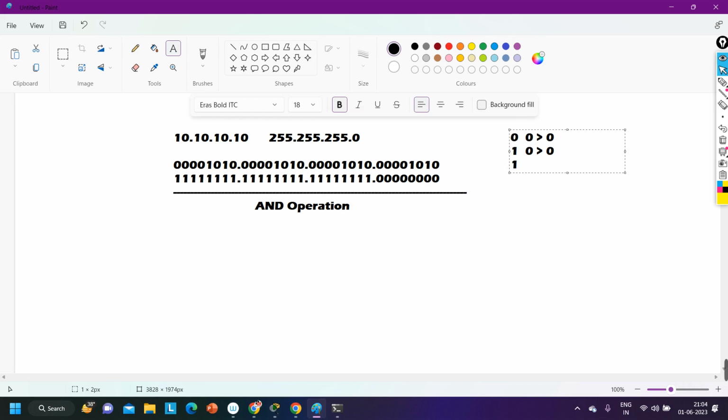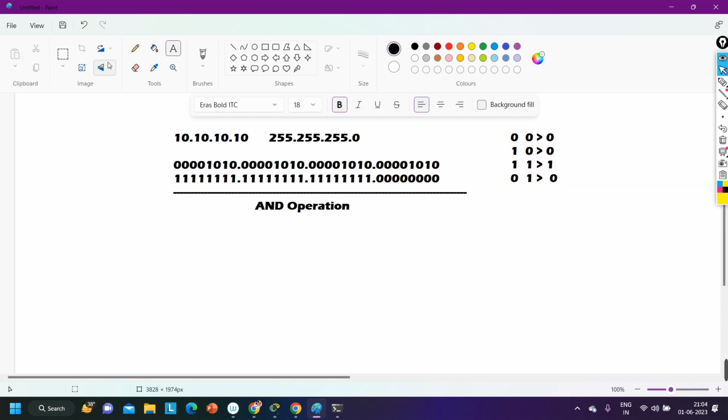When the input is 1 and 1, then the output is 1, and when the input is 0 1, then also the output is 0. This is nothing but the AND operation. So it is going to perform the AND operation here.